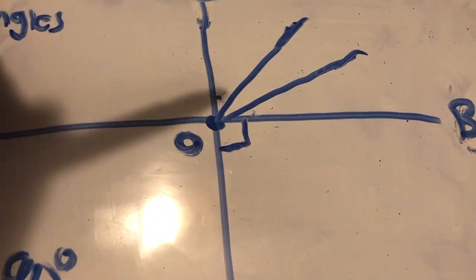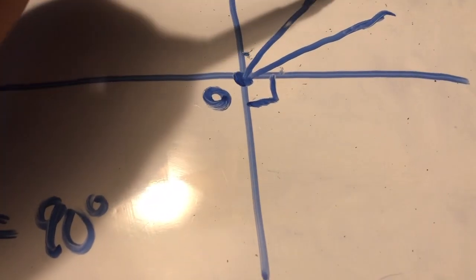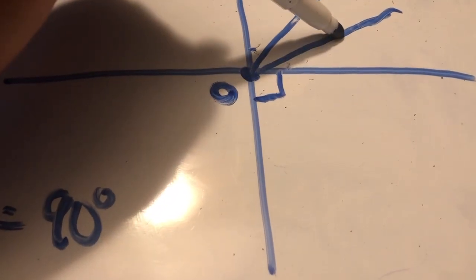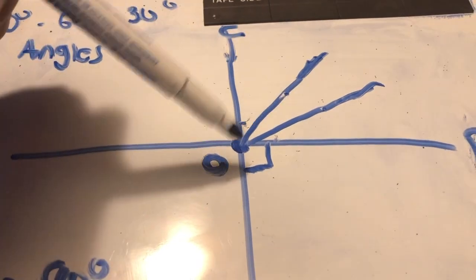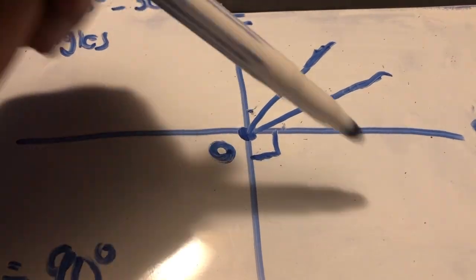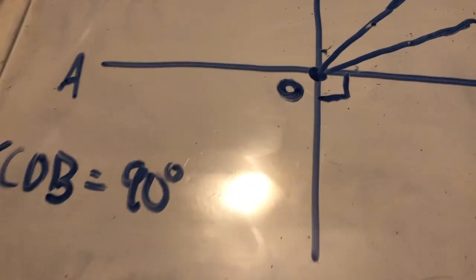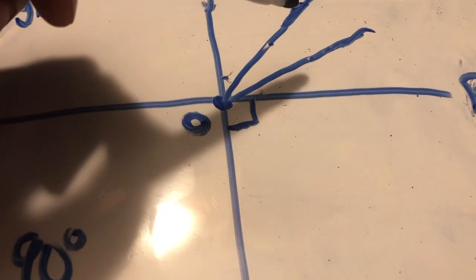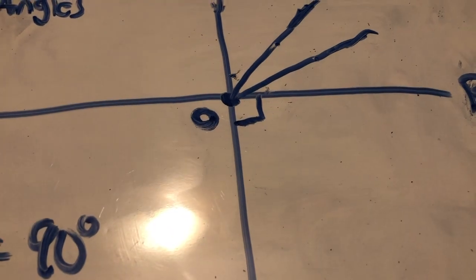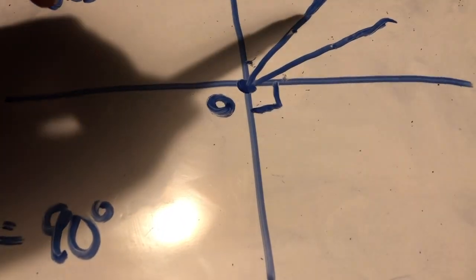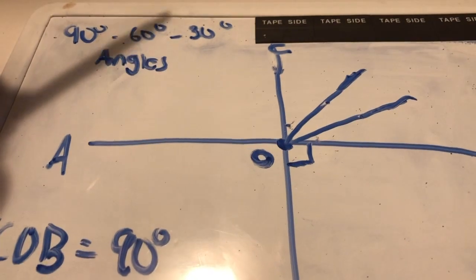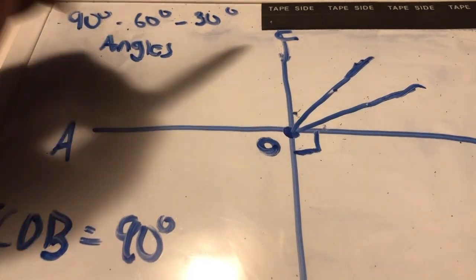So in this case, I bisect the lines a little bit here, so that I had a 30-degree angle here, and a 60-degree angle here. I'm looking for thirds. I'm cutting this into thirds. Well, a third of 90 is 30. 2/3 of 90 is 60. And then a full 3/3 would be a 90-degree angle.